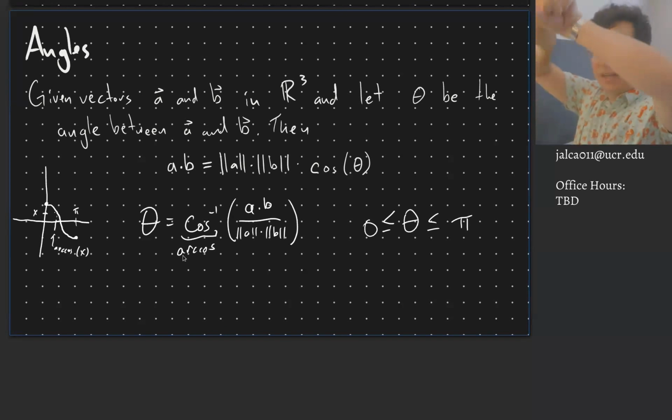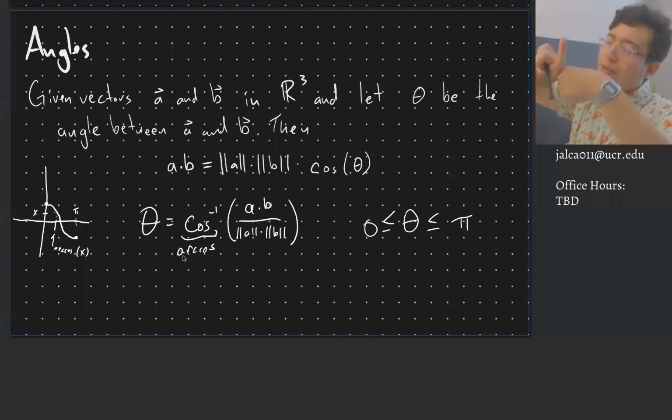But you might be thinking, well, I know vectors can live in space all weird. What if the angle is bigger than pi? Will this formula still work? Well, if you have a vector, let's say this is A. Oh, I forgot my little hats.